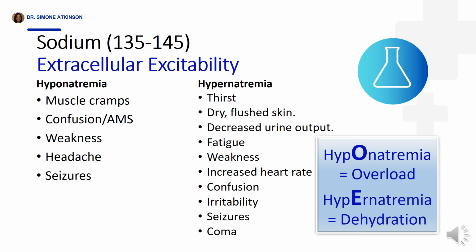So a low sodium level will show very little excitement. So you would see muscle cramps and confusion, generalized weakness, or typically the same signs and symptoms of, say, fluid overload.